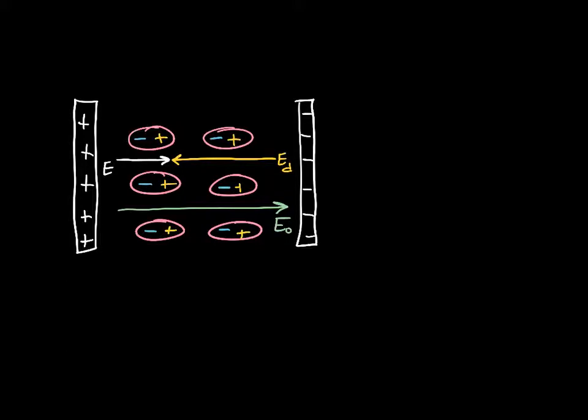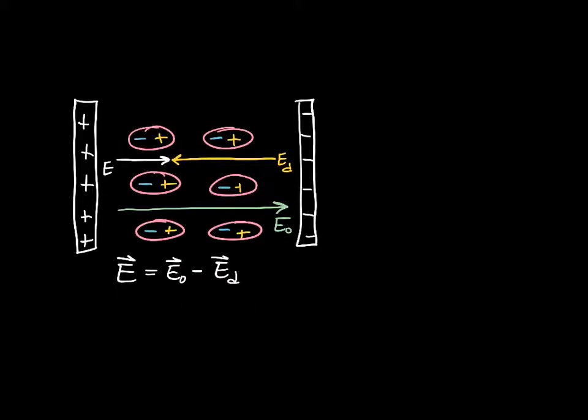So you literally have your final electric field is going to be the initial electric field minus the induced electric field due to your dipoles. So when you do this, the capacitance goes up even though the electric field between the plates goes down.